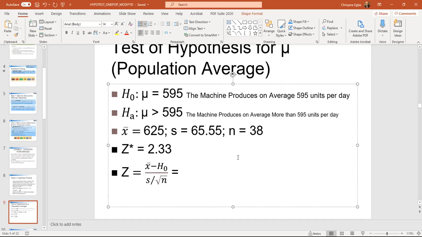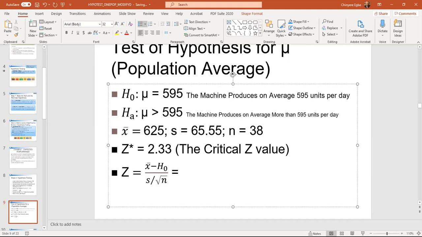We're going to test the hypothesis at a significance level of 0.01. So we identified the critical Z value of 2.33.